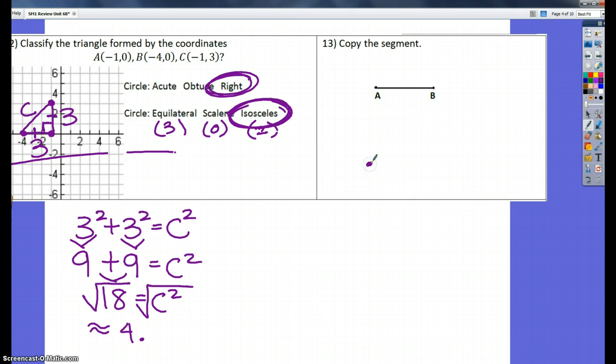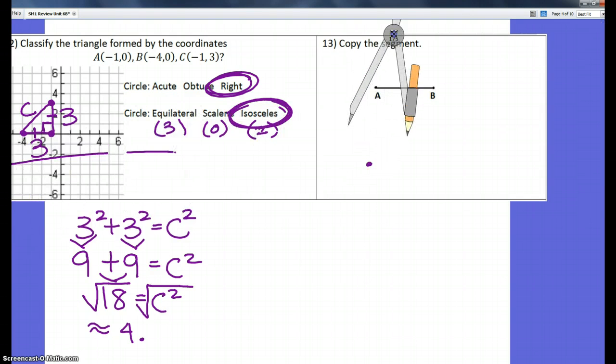Okay. So we're going to start with a point. It can be anywhere. And I need this compass over here. So we're going to move our compass onto the point. And from here, you're going to swing your arc through.